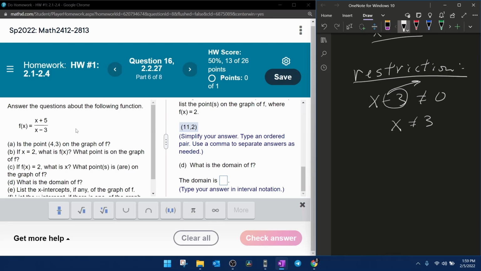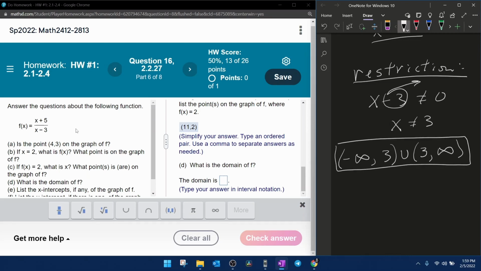They do want that to be in interval notation. So x can be anything from negative infinity up to 3, not including 3. Pick up on the other side of 3 and keep going. This is your interval notation. This is the way you show that x can be anything from negative infinity to infinity except 3.